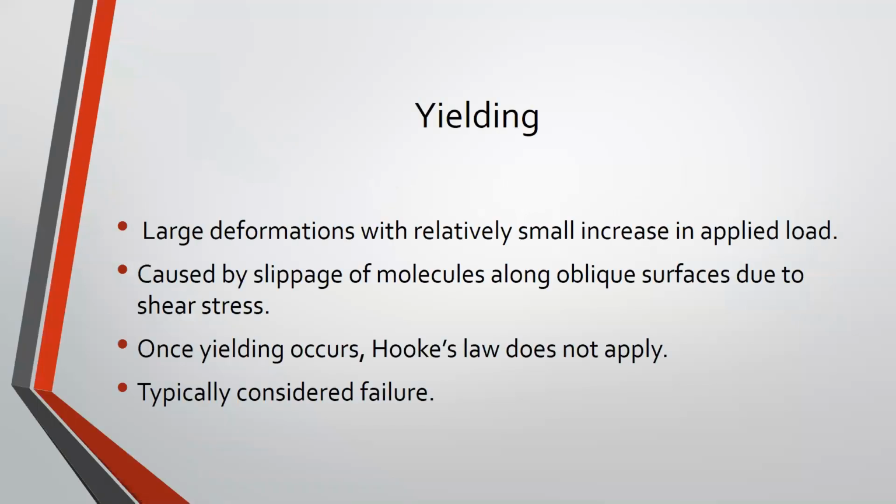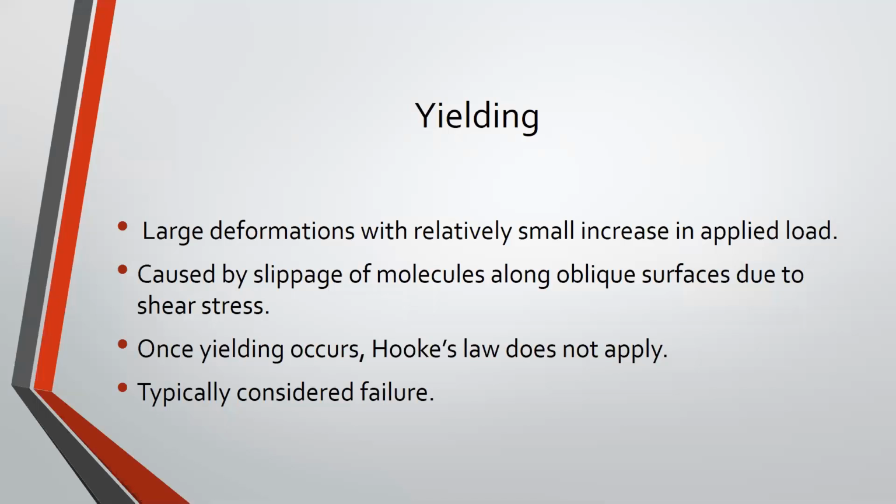And we're going to be looking in this class exclusively at yielding. So we're considering yielding to represent failure. This is chapter 10. With chapter 10 is where we learned stress transformations, and now we're going back to learn about failure theories.